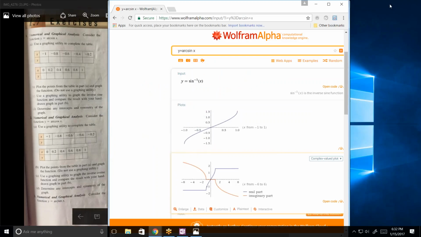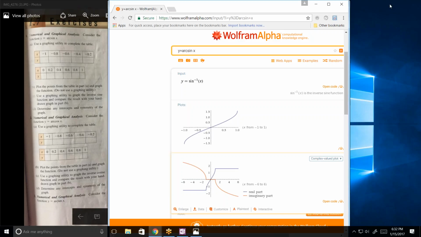Determine any intercepts. Well, what is our intercept of that blue line? What's the x-intercept? What's the intercept mean? Where they cross. Well, where's it cross the x-axis?